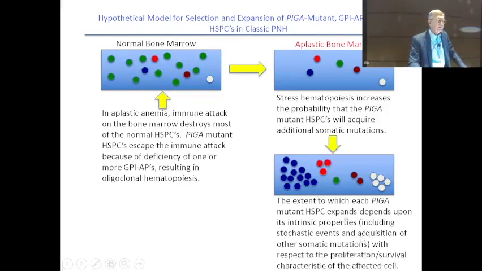And then perhaps other somatic mutations occur that allow these clones to expand further. This is what produces the PNH phenotype. In individual patients, the PIGA mutant cells can account for greater than 90% of all of the hematopoiesis, derived from one of these PNH clones.